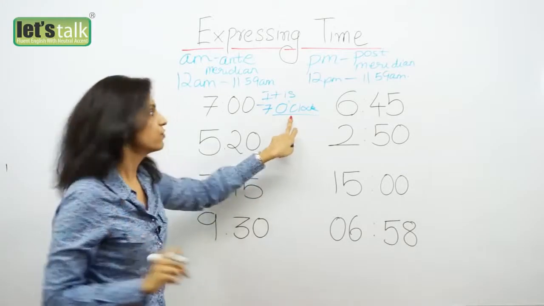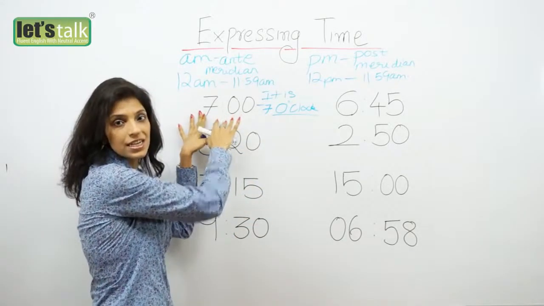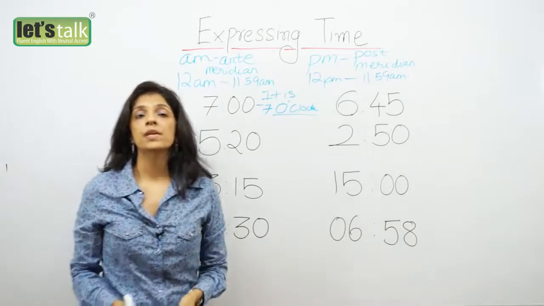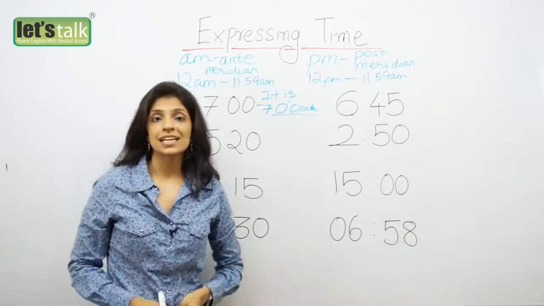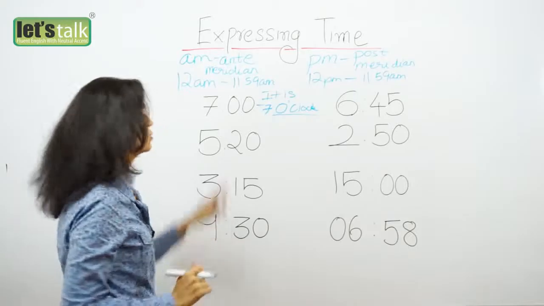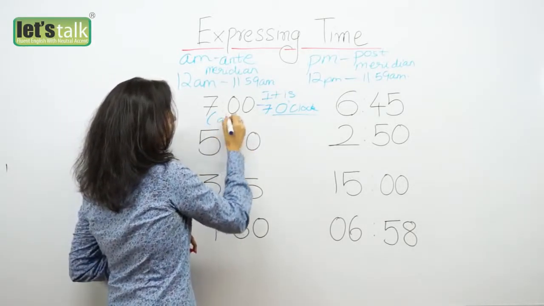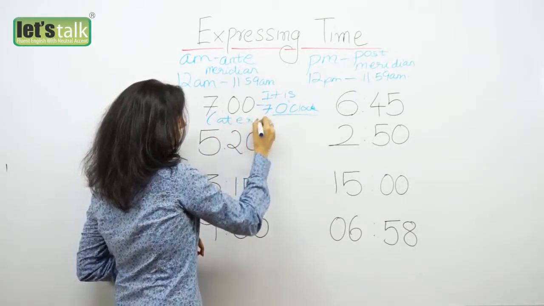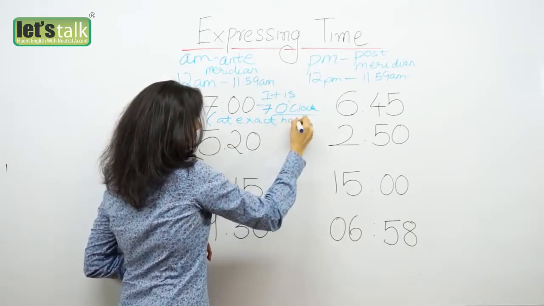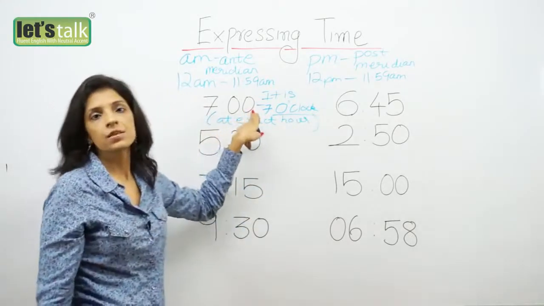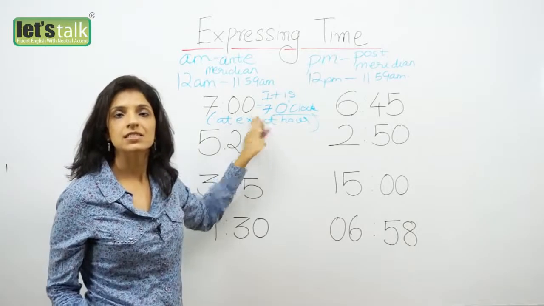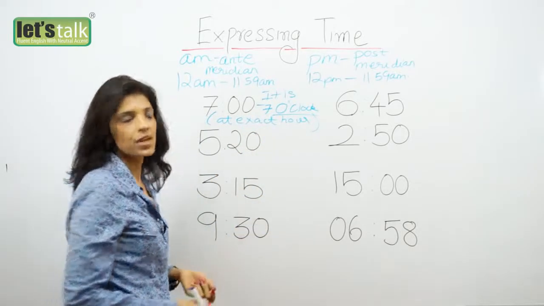We use o'clock for the exact hour. So here it is exactly 7, or probably it is 9. So you can say it's 9 o'clock, all right. So remember, we use o'clock for the exact hour. Now if it's 7 in the morning, you can say 7 AM. If it's in the evening, you say it's 7 PM, all right.